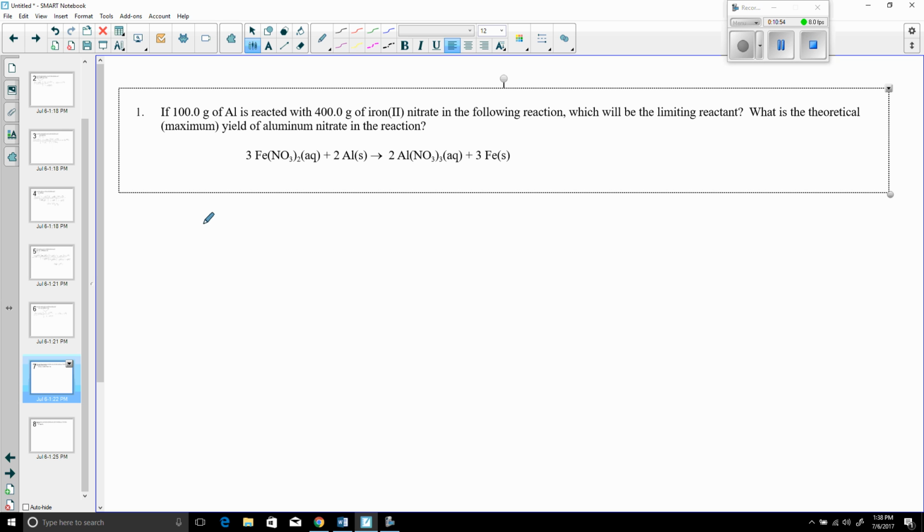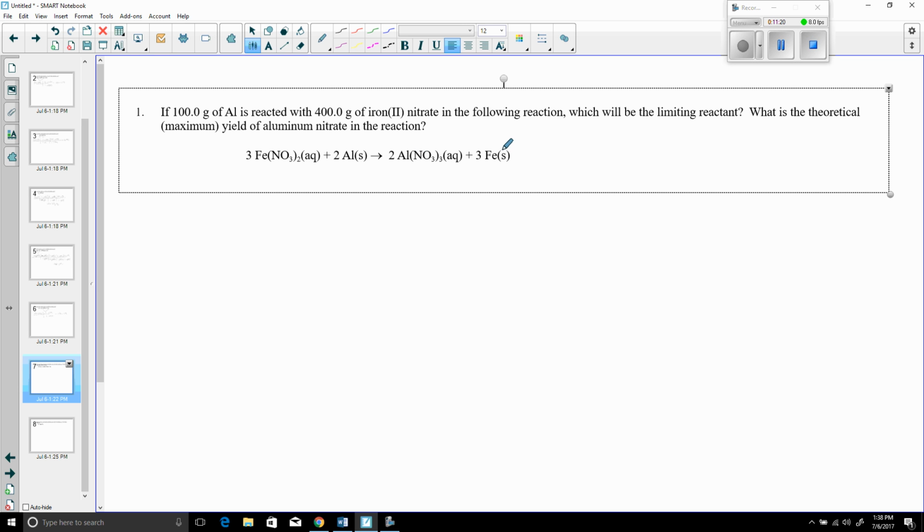So we have 100 grams of aluminum. If we're trying to find out how much aluminum nitrate would be formed, we're going to want to relate these two numbers to aluminum nitrate. We can determine what the limiting reactant is, which one of these, 100 grams of aluminum or 400 grams of iron 2 nitrate, will produce the least amount of aluminum nitrate.